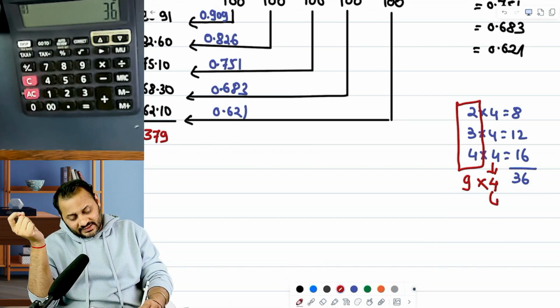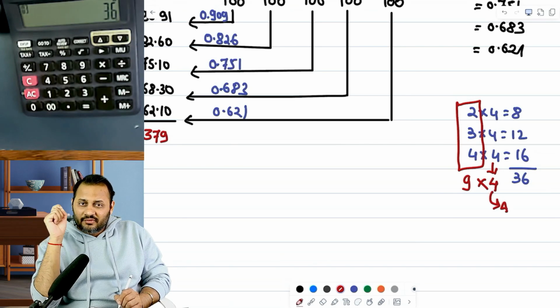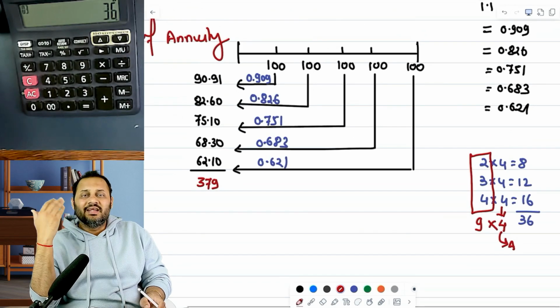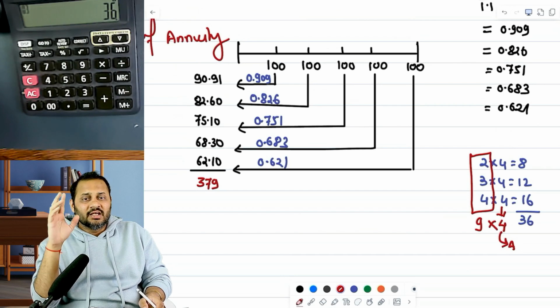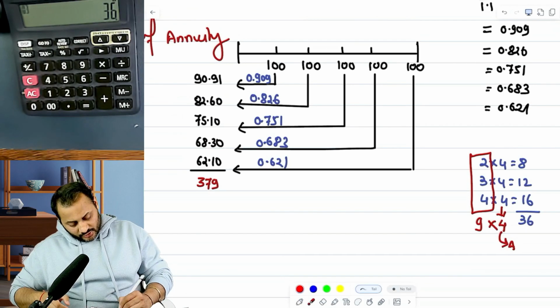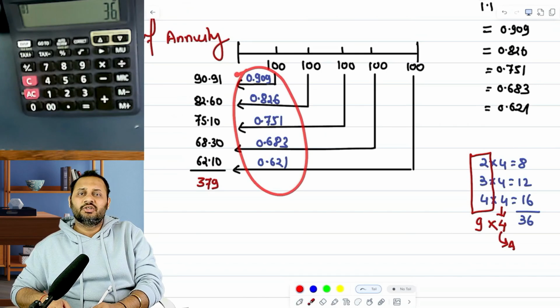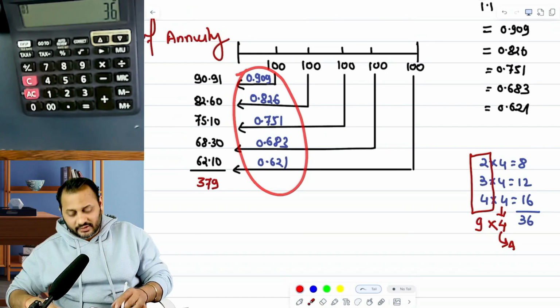In this case, this 4 is nothing but the annuity. The same figure which is occurring again and again and again. When a particular figure is a recurring amount or annuity, then you don't have to write it all the time. You can just write it once and multiply it with the total of all the variables. Means the total of present value factor, which we will call the present value annuity factor.